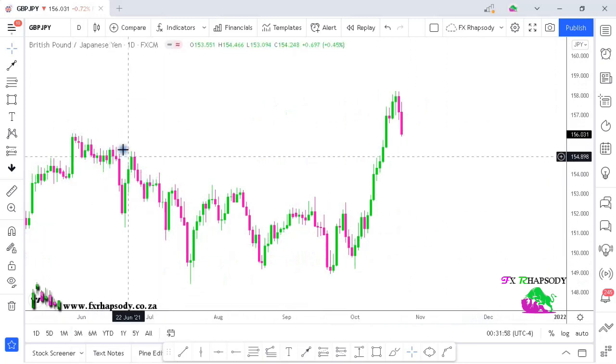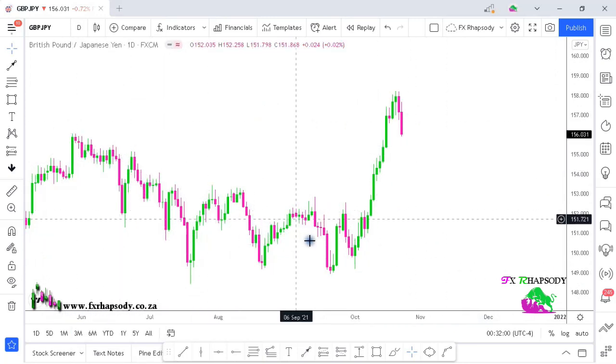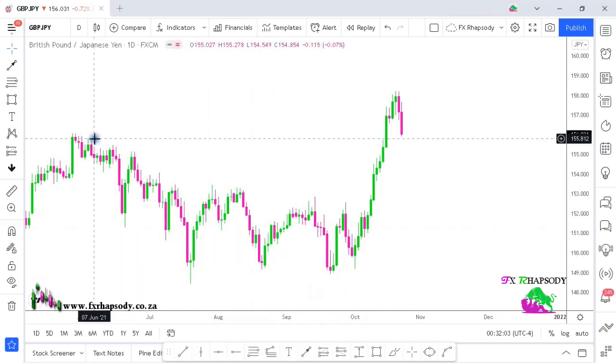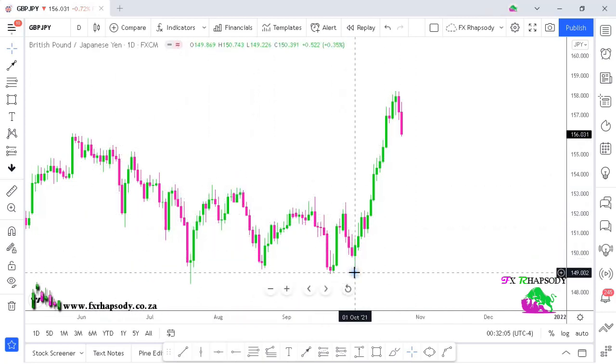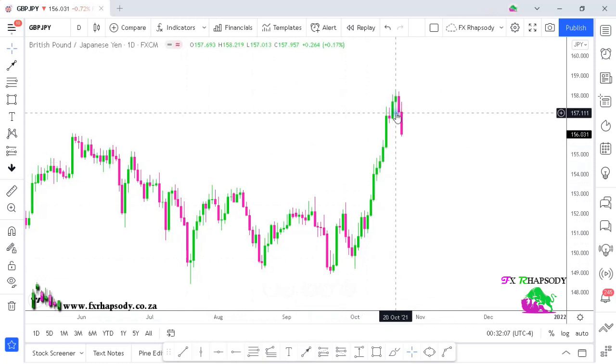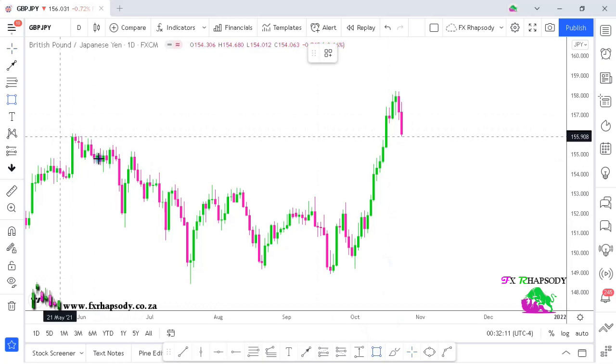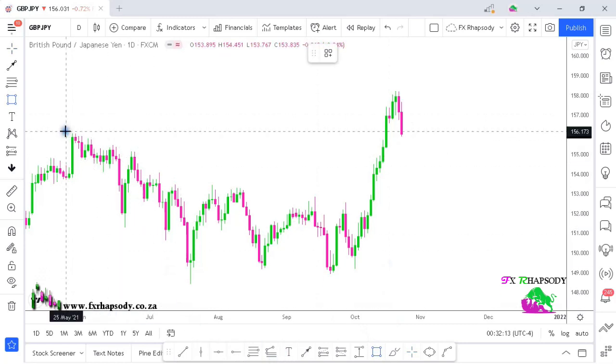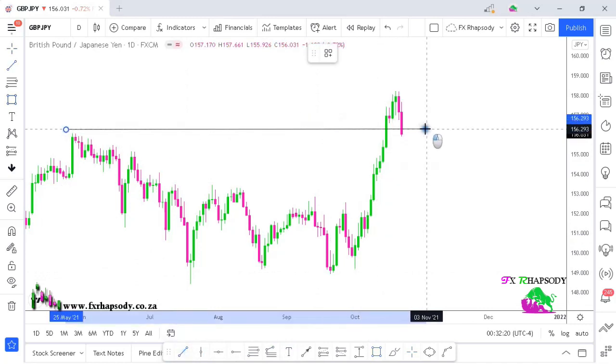So we can see this movement. Price was in a slightly downwards, bearish movement, almost in a ranging phase, and then we saw this huge push to the upside, this huge bullish movement. You can see this area. There was this liquidity lying up here. Let's just draw this liquidity to show you.